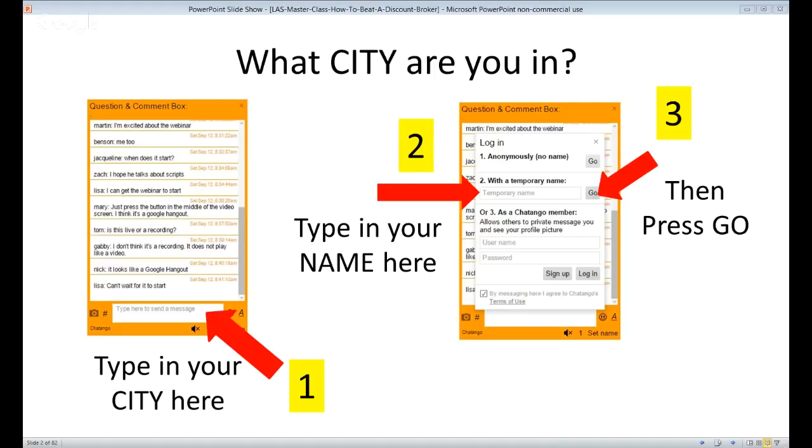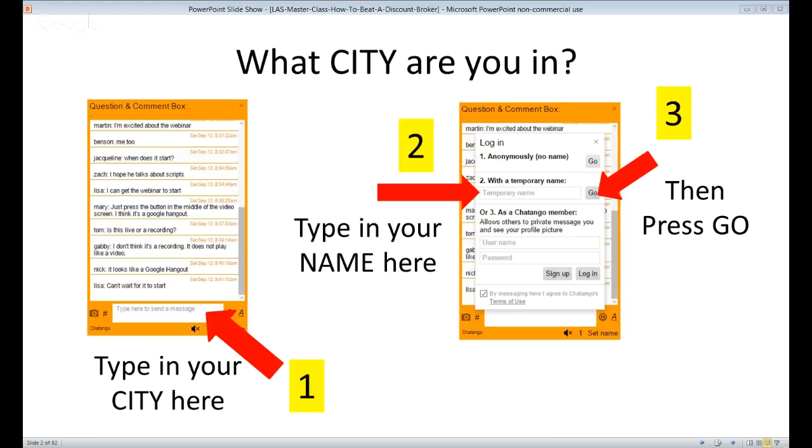Looks like we've got some folks signed in here. We've got Ruby in San Gabriel, California. Welcome, Ruby. And then we've got Mary, hello from sunny Miami. Keith from Appleton. We have Eric from Madison, Wisconsin. Janika from Fort Mill, South Carolina.